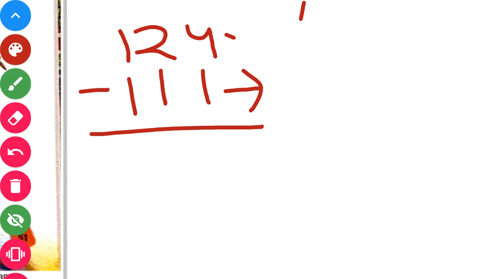Do it, kids. I am not going to explain this question. You have to do it yourself. 124 minus 111. First you will round off the numbers to the nearest tens and then you will find the difference.